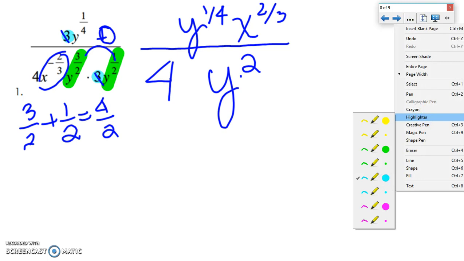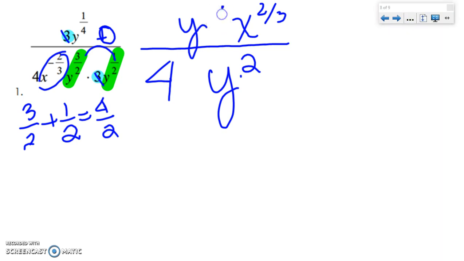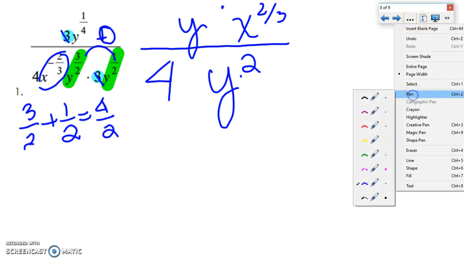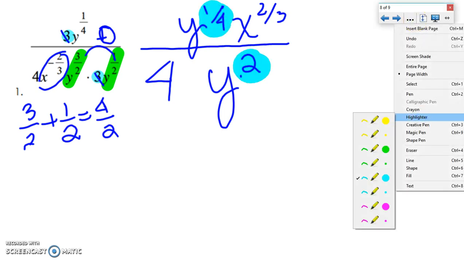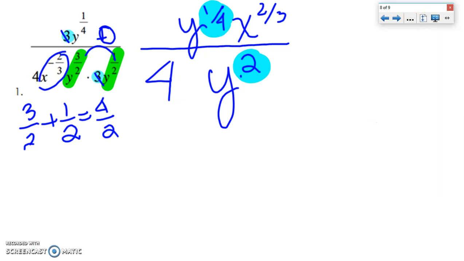Now I see that I've got y to the power of 1/4 in the numerator. Did not mean to erase that. Wanted a highlighter. So I can take y to the power of 2 and y to the power of 1/4, and I'm going to simplify one more step. This 1/4 y in the numerator is going to come to the denominator and be subtracted because 2 is larger than 1/4.